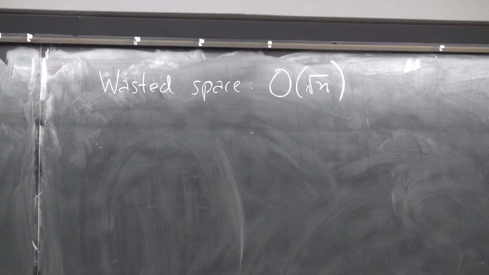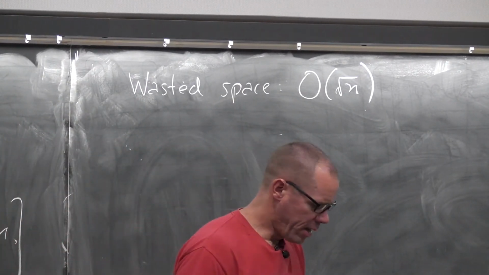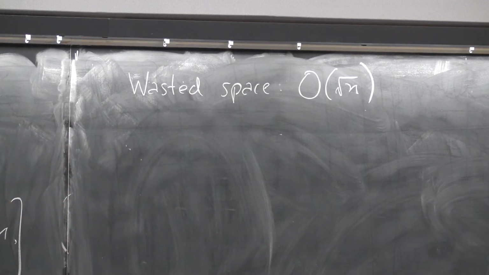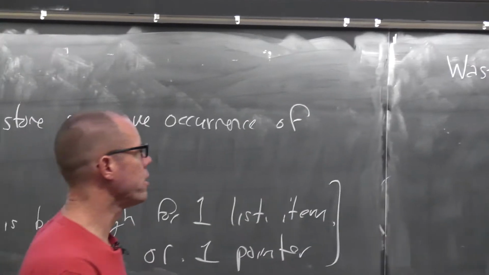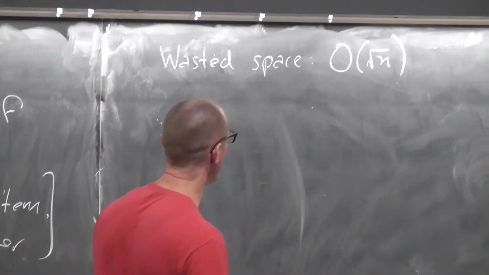So here's the idea. We're going to take our list, and we're going to store its items in arrays. That'll be nice because that'll still give us constant time get and set operations, which linked lists don't have.